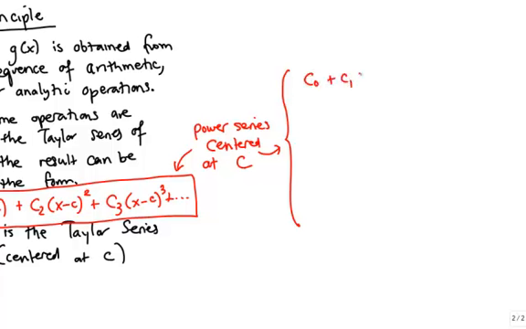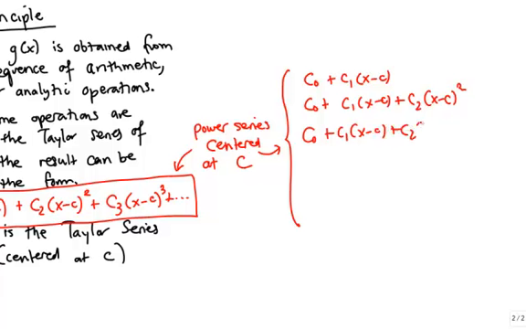There is a linear portion. There is a quadratic portion that includes the x minus c squared terms. There is a cubic portion, which includes all of these, plus that extra c3 times the x minus c cubed portion, and on down the line.